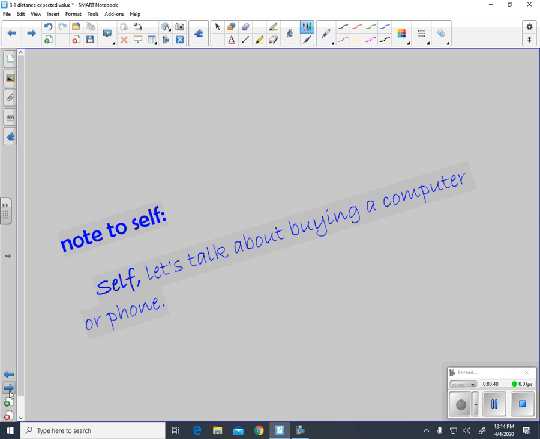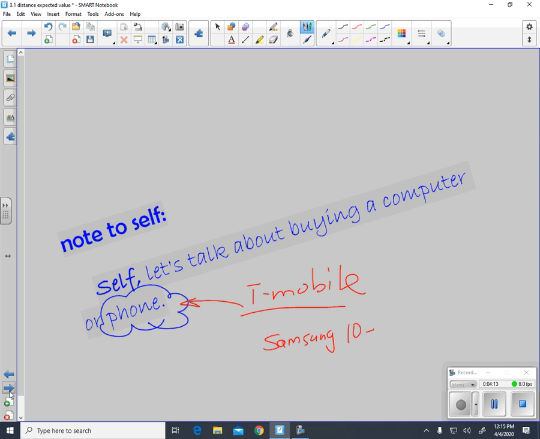Or even most recently, I purchased a phone not too long ago because I accidentally fell in a hole of water out in the woods, and I ruined my phone. I had to go buy a new phone, so I went to T-Mobile. What phone to buy? I ended up buying a Samsung 10E.